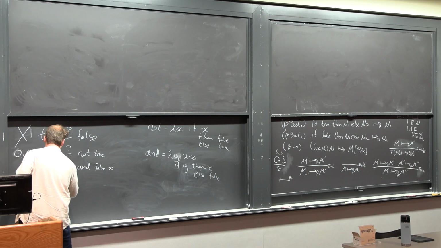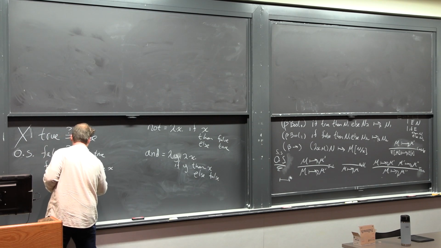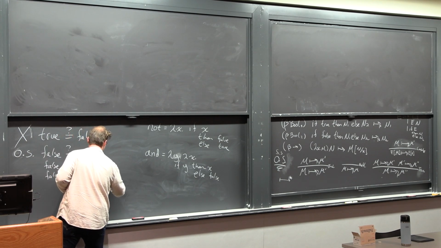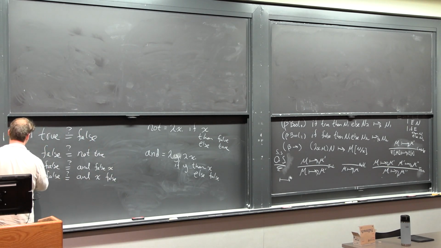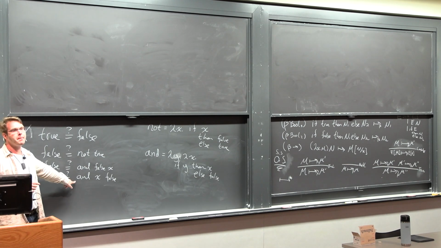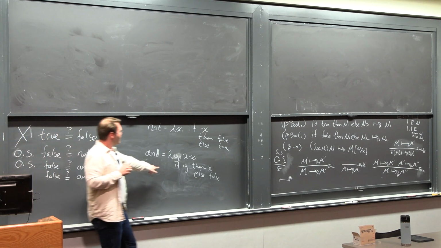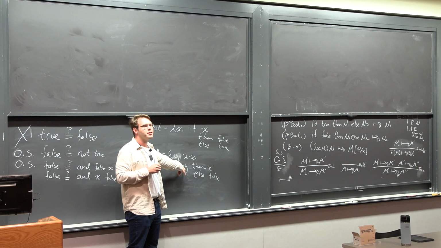But what about false equal to and x and false? So this one, I can just run the operational semantics, and it works. What about this one? Yeah. It's not equal. Well, I can't run it, right? I'll get stuck at this point.